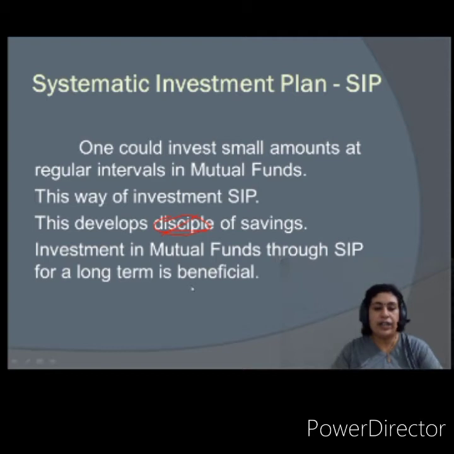At the end you get a nice amount. So this is one of the kinds of investment that you can do. Shares is also investment, but there is a lot of risk. Whereas in mutual fund there is little risk, and in systematic plan there is much lesser risk for your invested amount.